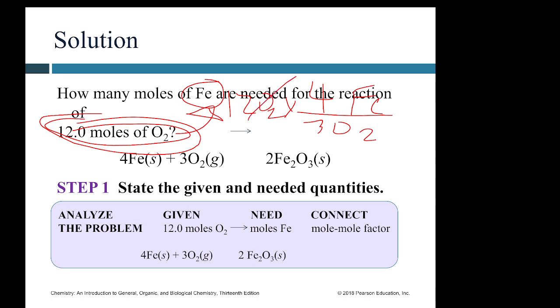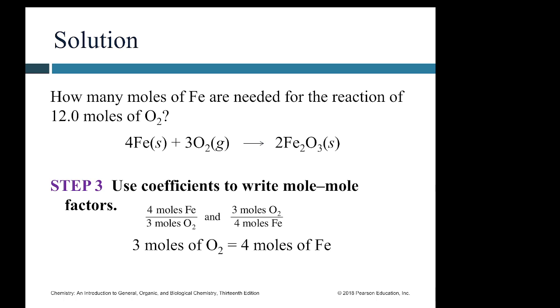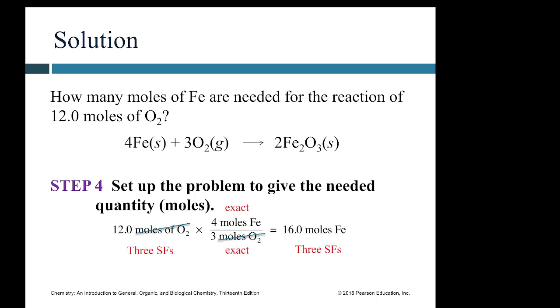That will cancel the O2s, leaving us in our answer. All right. So again, that is 12 moles of O2 times 4 divided by 3. That will get us out of moles of O2 into moles of Fe. And that would be 16.